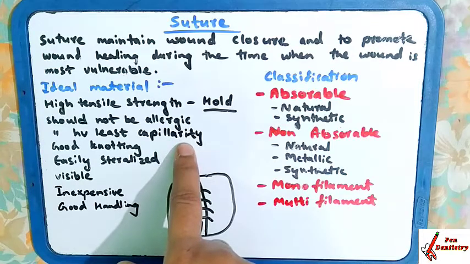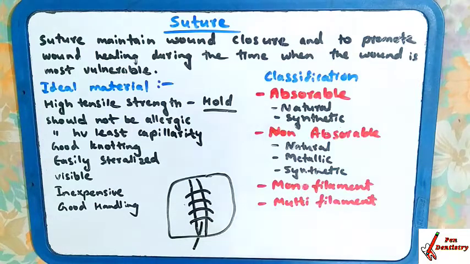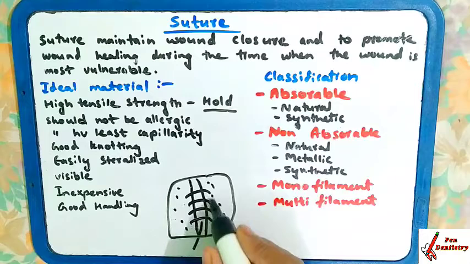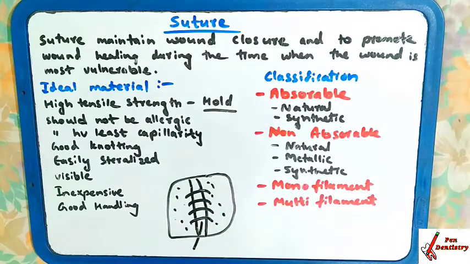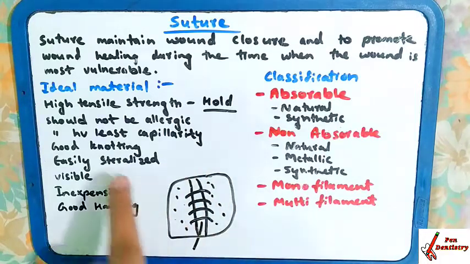If the suture is soaking the fluid around the wound, it is going to cause an infection around the wound. That will be more problematic for the healing process. So it should not soak any kind of fluid present around the wound. So it should have least capillarity.